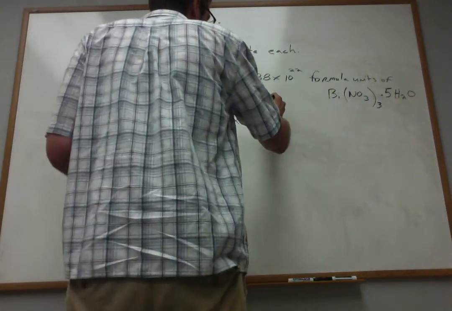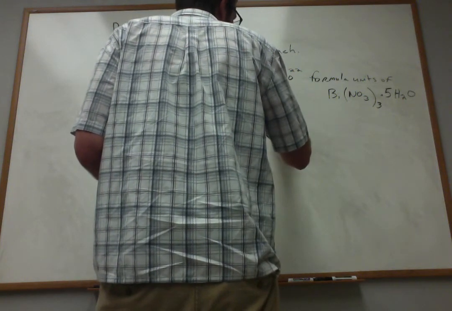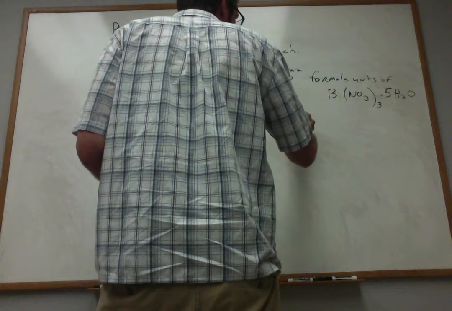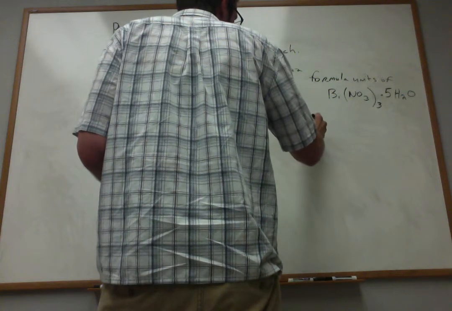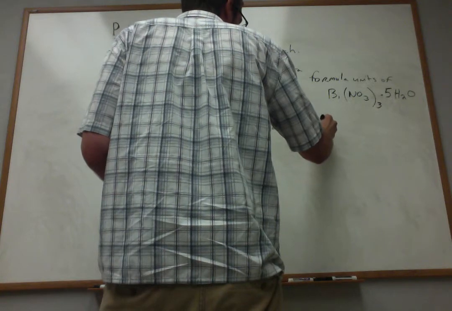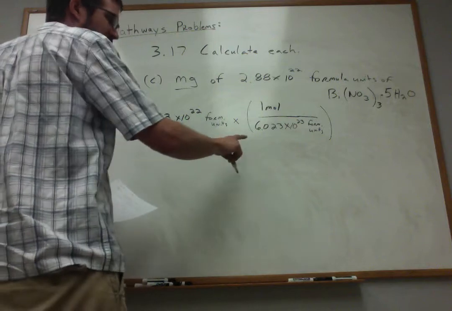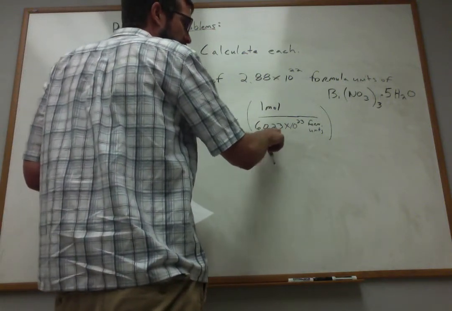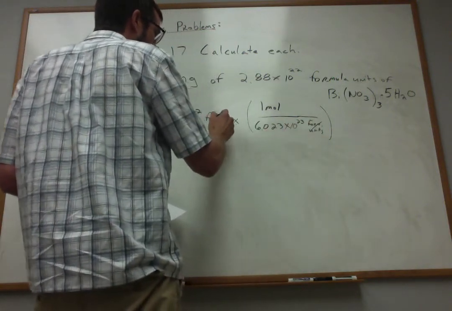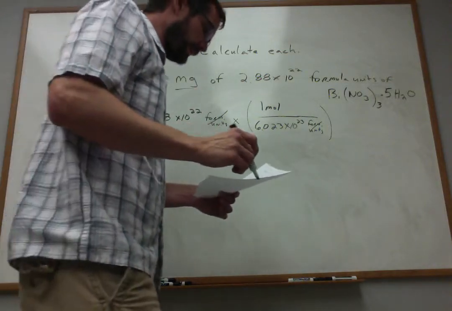And as a result, I can use my Avogadro's number to convert to moles. Because 6.023 times 10 to the 23rd formula units corresponds to a mole of an ionic compound.